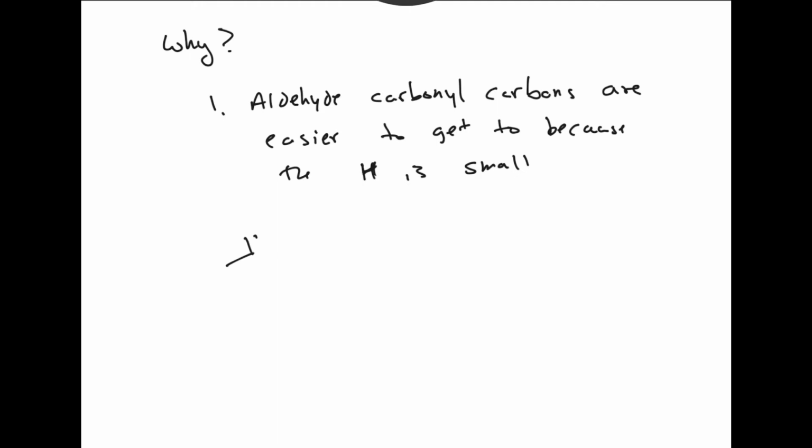So you've got your aldehyde, you've got your ketone, and the hydrogen is small, and comparatively, any group that we put in place of that hydrogen is significantly larger. If you're a nucleophile, it's easier for you to get past the small group than the larger group. That just makes sense. Hydrogen's a bad bouncer. It does a very bad job of keeping nucleophiles out.